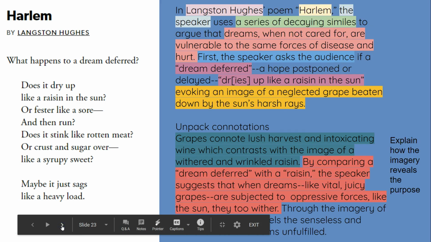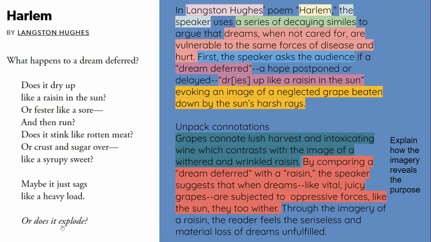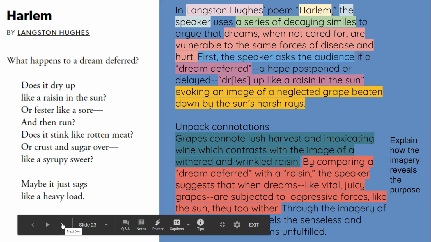In this next section, when I say by comparing a dream deferred with a raisin, the speaker suggests that when dreams, like vital, juicy grapes, are subjected to oppressive forces like the sun, they too wither. This is where I'm explaining how the imagery of a raisin reveals the purpose, how that connects with a dream deferred and how that relates to the idea of these oppressive forces that are causing dreams to be deferred and causing raisins to dry up in the sun.